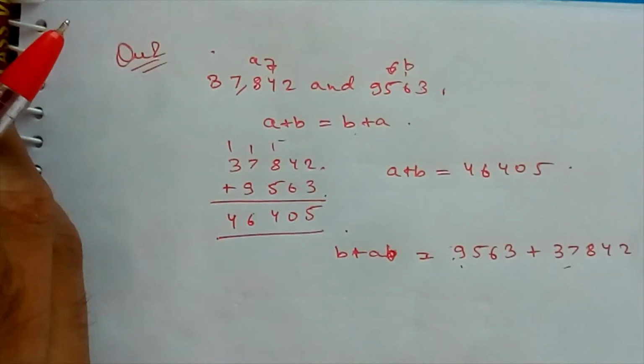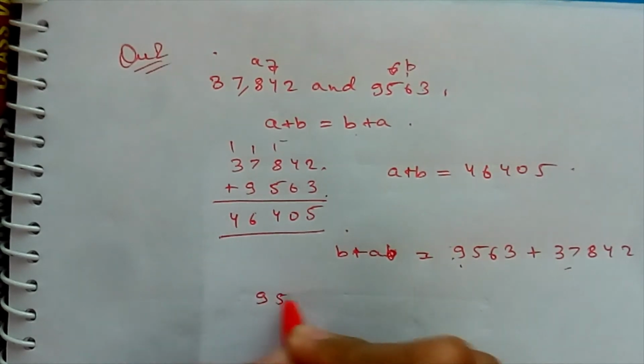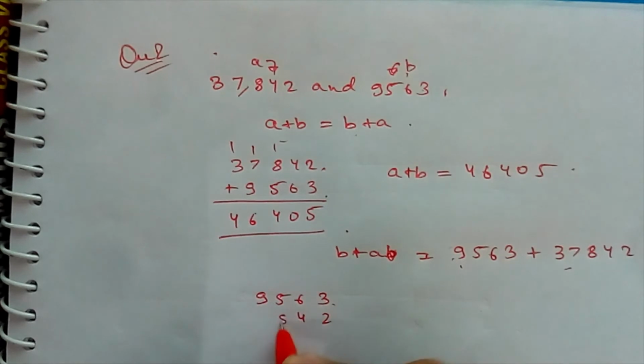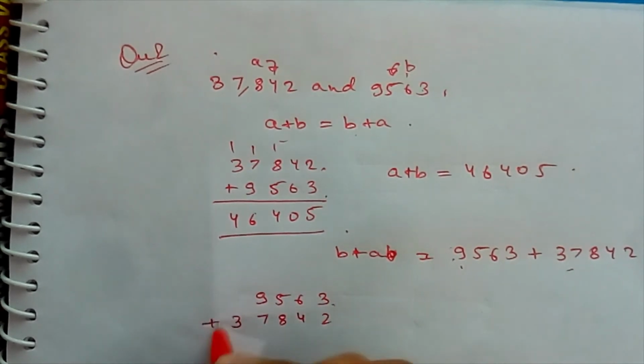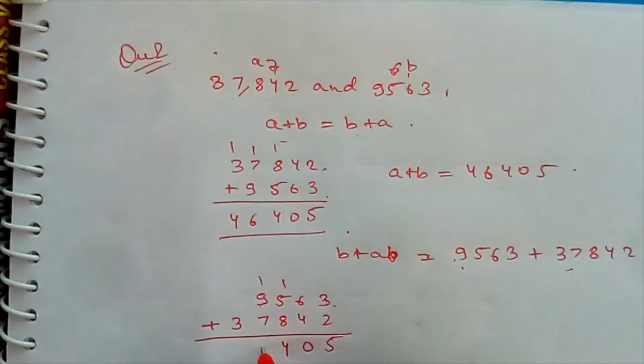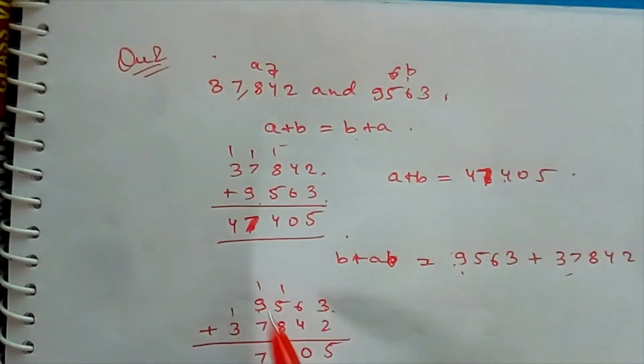Okay, let's quickly add these. 9563 and 37842 is written like this, and adding with carries.